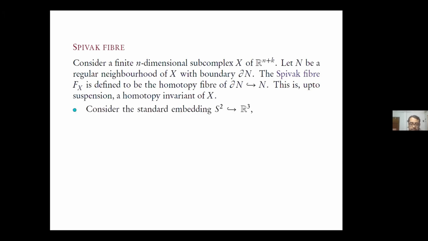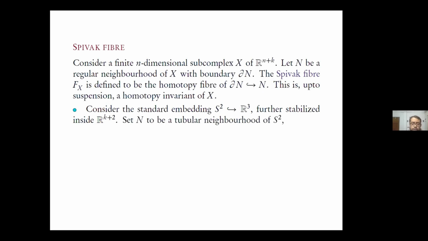So if I take the simplest example, consider the standard embedding of S2 inside R3. This is the usual unit sphere in R3. You can then stabilize it further by thinking of R3 as sitting inside R3 cross 0, which sits inside R3 cross 0 cross 0, and you can keep stacking zeros at the right end. And you can think of S2 sitting inside R^(K+2).